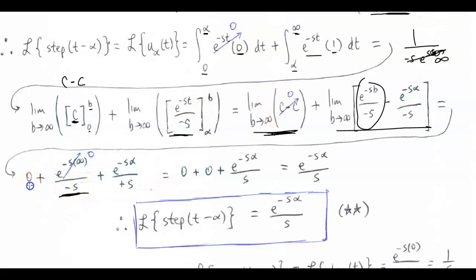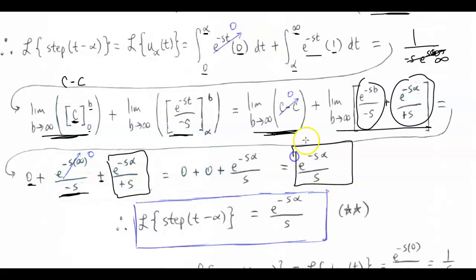Of course, this 0 came from the fact that the limit of a constant minus a constant is just the same constant, as 0. And then alpha is itself a constant, so the limit of a constant is just a constant. This subtraction sign and that negative sign work out to be addition, and so we just end up with this constant here, and that ends up being our result.